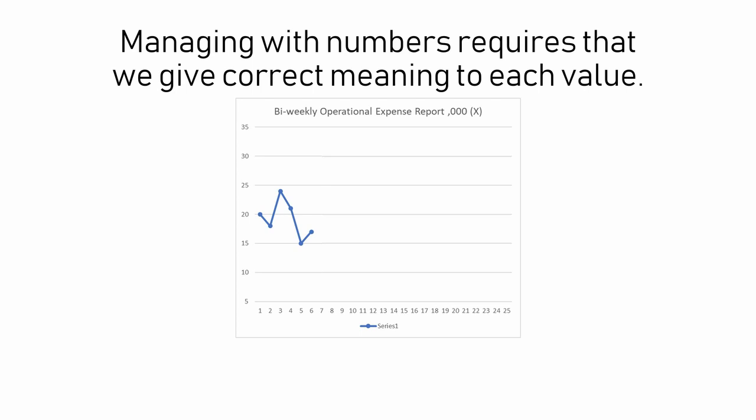In the image, we can see that we have now taken these numbers and turned them into a chart that shows on the vertical this weekly operational expense in thousands of dollars, and each one of the points going from left to right in the first section shows the 6 points that I just described in tabular form a minute ago. And here it's pretty clear that there has been an important drop in operational expense.